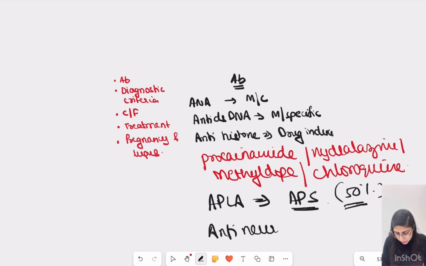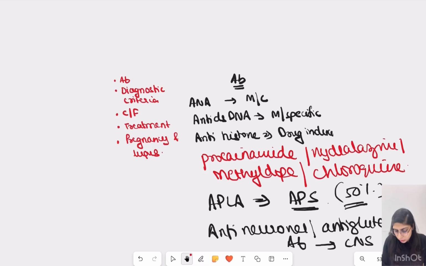Anti-neuronal or anti-glutamate antibodies are also very specific for CNS lupus. So if you are suspecting CNS lupus, these are the antibodies that you need to test for.